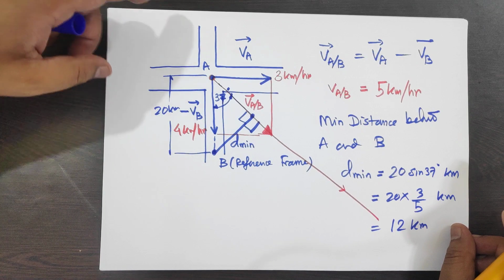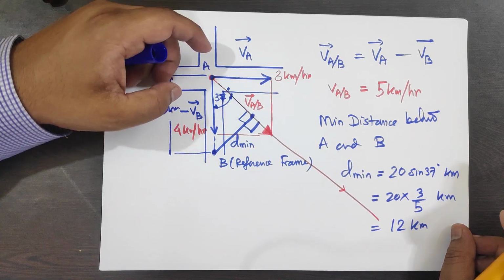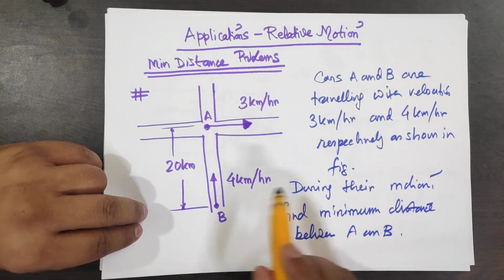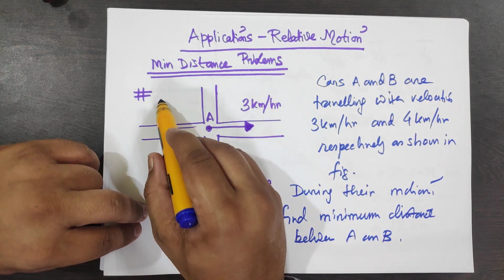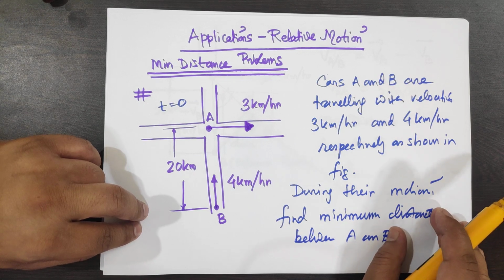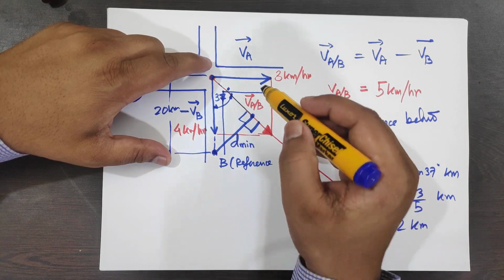And say if it is asked that, okay, from this starting position, when B and A were here as shown in the diagram, B was here and A was here, if you take this as time t equal to 0, find the time after which the distance between A and B is minimum. Now, that's also very easy to find out.